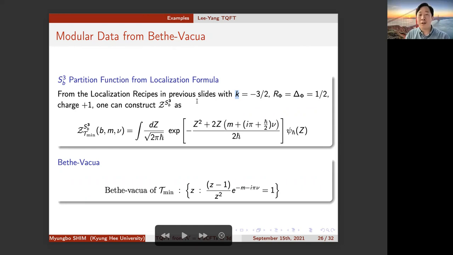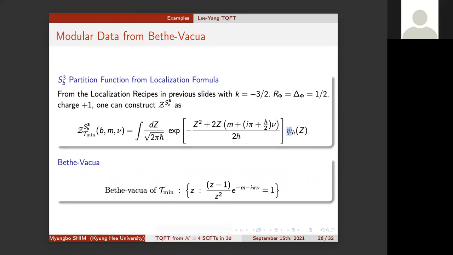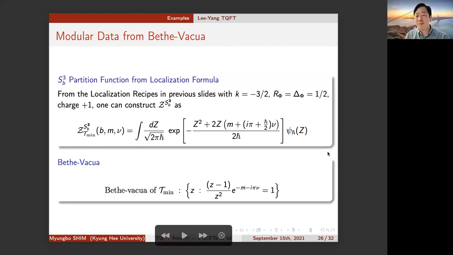So we can construct the squashed three-sphere partition function from the localization formula. Here, this psi h-bar is a quantum dilogarithm function. I omitted the details on this function, and then we do a perturbative expansion in terms of h-bar.